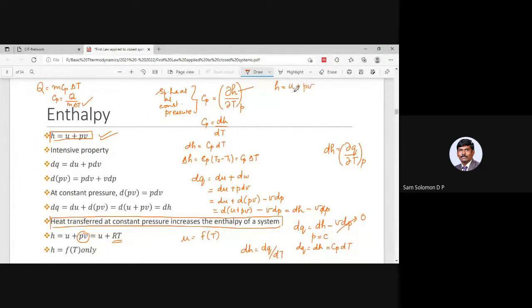Internal energy is a property, pressure is a property, specific volume is a property. So enthalpy is obviously a property. Enthalpy is a property, temperature is a property, pressure is a property. So this guy, specifically at constant pressure, is also a property. But when you look at this equation, though it is mathematically correct, temperature and pressure are properties, but heat transfer is not a property, it is a path function.